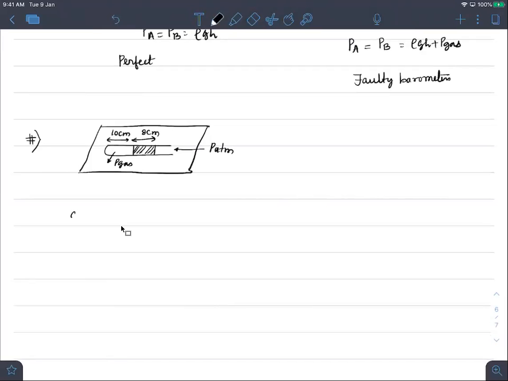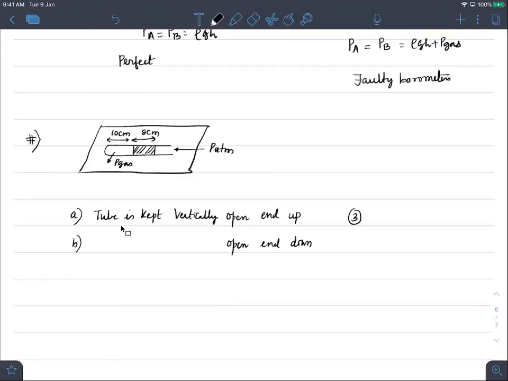Now the question asked would be, calculate the pressure if the tube is kept vertically open and up, or the tube is kept vertically open and down. Second question.